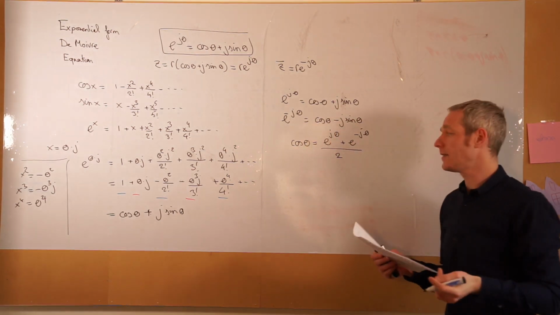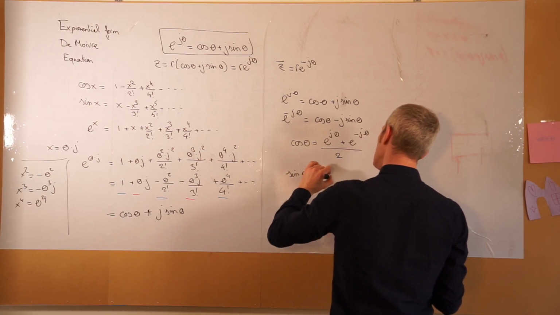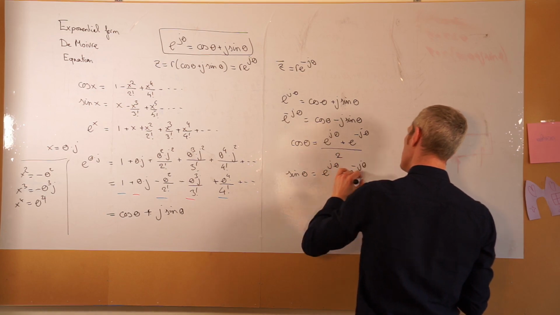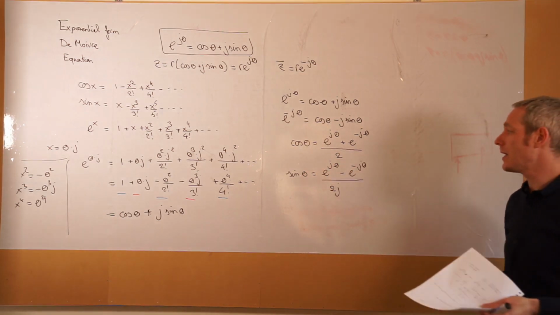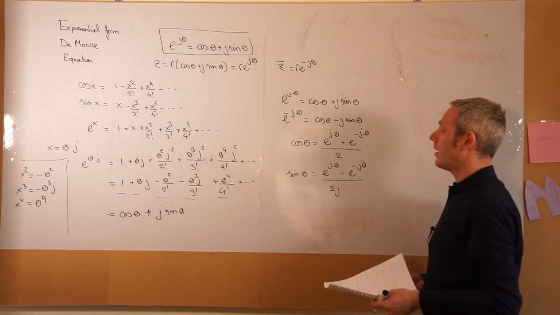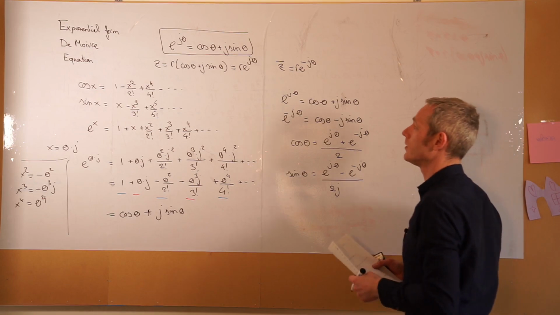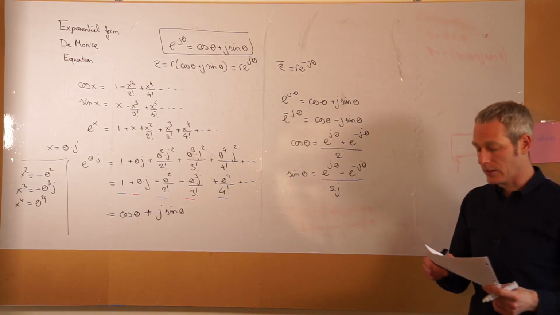This is one identity, and if we want the sine of theta, we have e to the power of j theta minus e to the power of minus j theta divided by 2j. And these are just different ways of writing our familiar cosine and sine functions in terms of the exponential form of a complex number.